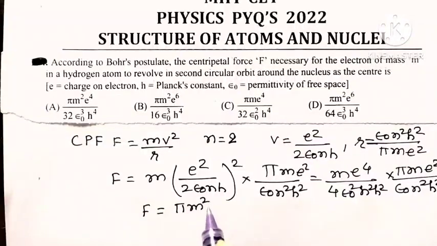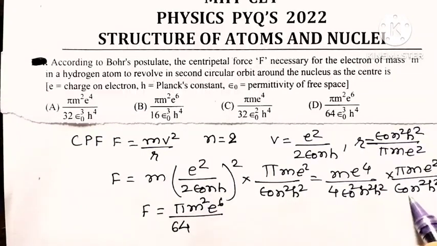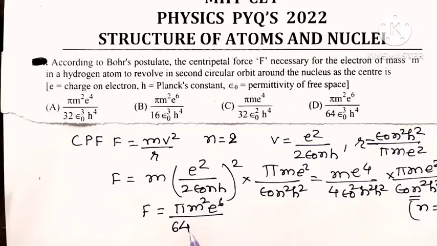pi m square e raised to 6 divided by 64, because you have to put the value of n equal to 2, so 64 epsilon 0 cube into h raised to power 4.